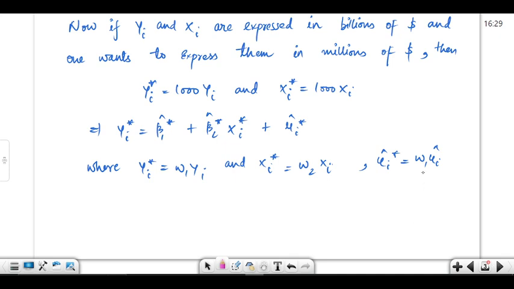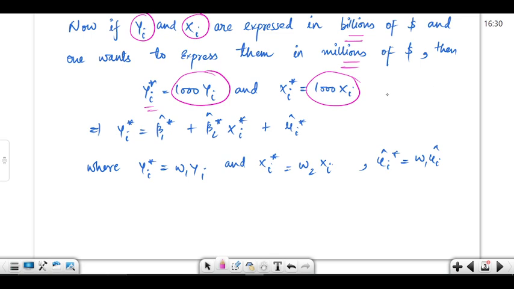Suppose my xi and yi are expressed in billions of dollars, and I want to express them in millions of dollars. Then my yi star becomes 1,000 times yi, and xi star becomes 1,000 times xi.